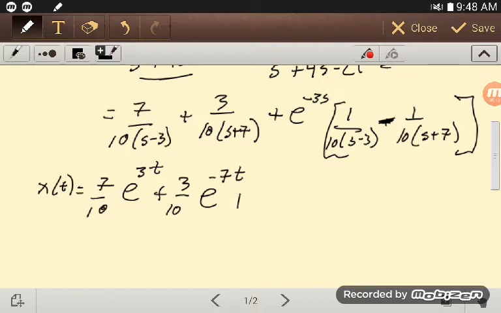Now we get this part over here, and remember that we just do the inverse Laplace transforms of each of these pieces, and I know what those are. I get 1/10 e to the 3t, and over here I get minus 1/10 e to the negative 7t.